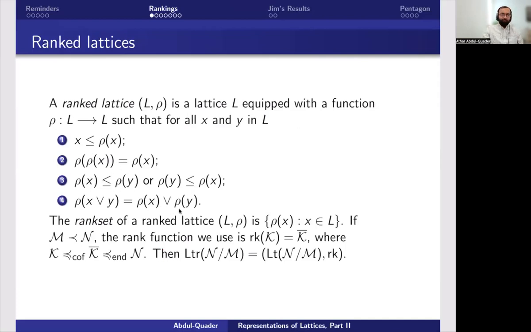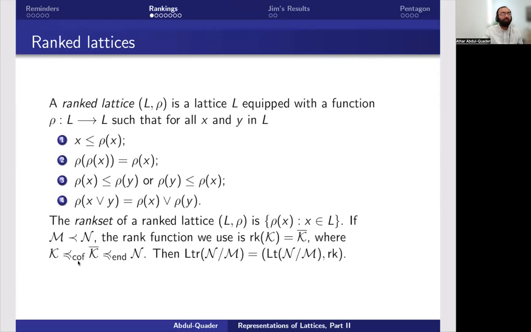And idempotent. And so you can look at the rank set. The rank set has to be a linear order, is one of the things that you get here. The only ranking we will care about is the ranking we get from Gaifman's splitting theorem.